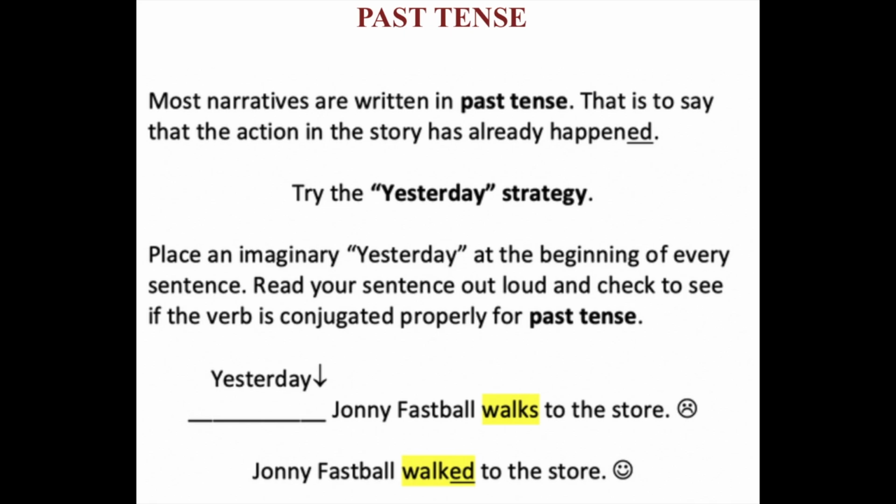Beyond applying the 3 steps of our proofreading plan, or OPP, after every sentence, I suggest that students imagine the word yesterday appearing at the beginning of their sentences. By incorporating that imaginary word yesterday at the beginning of every sentence, they'll be able to conjugate their verbs in past tense.